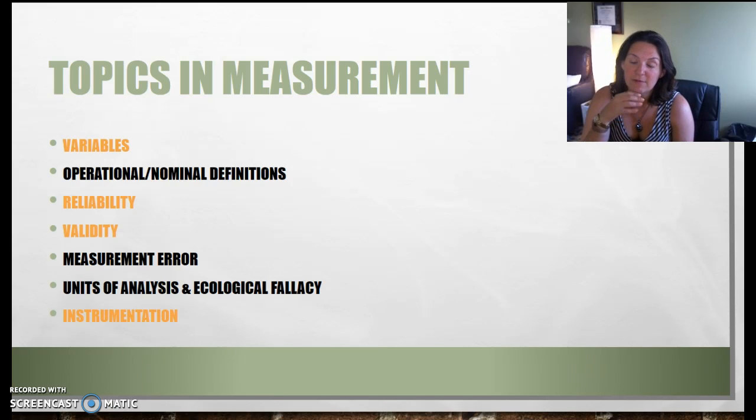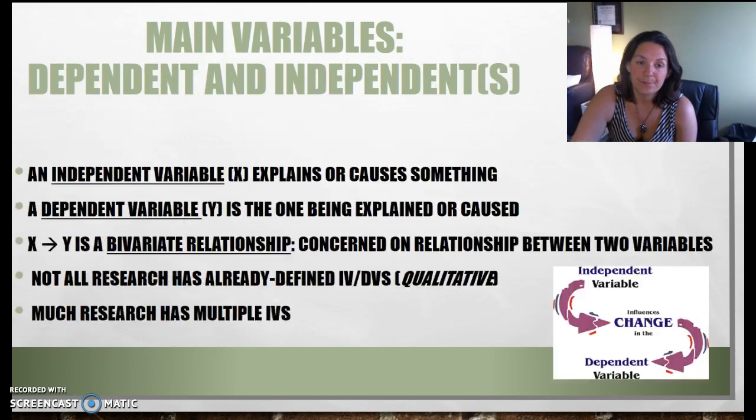And specifically validity, because that is the focus of the discussion board-based activity that you do in this module. And so we'll spend some time talking about what validity is and the different types of validity. And then we'll talk a little bit towards the end about instrumentation, because again, that's one of the things that it's now time for you to make some decisions about in terms of your studies.